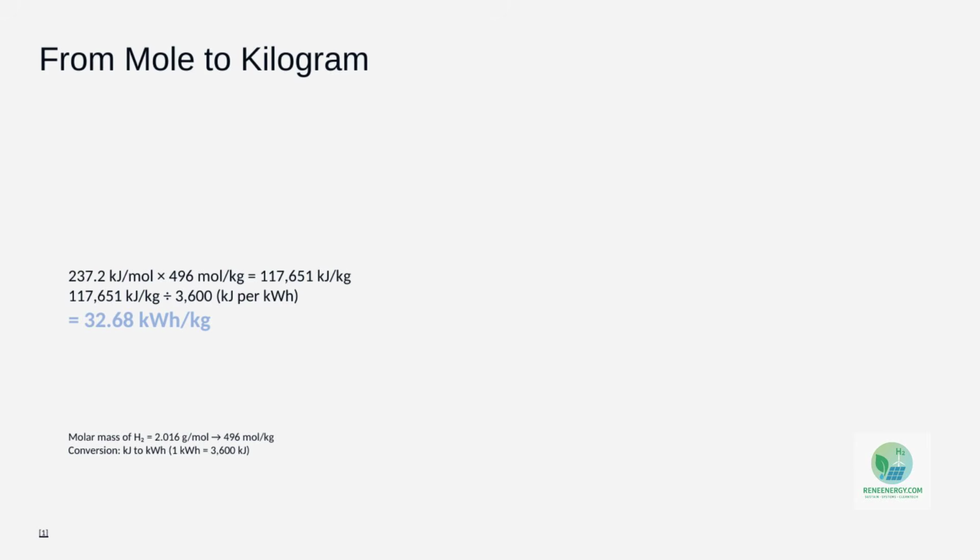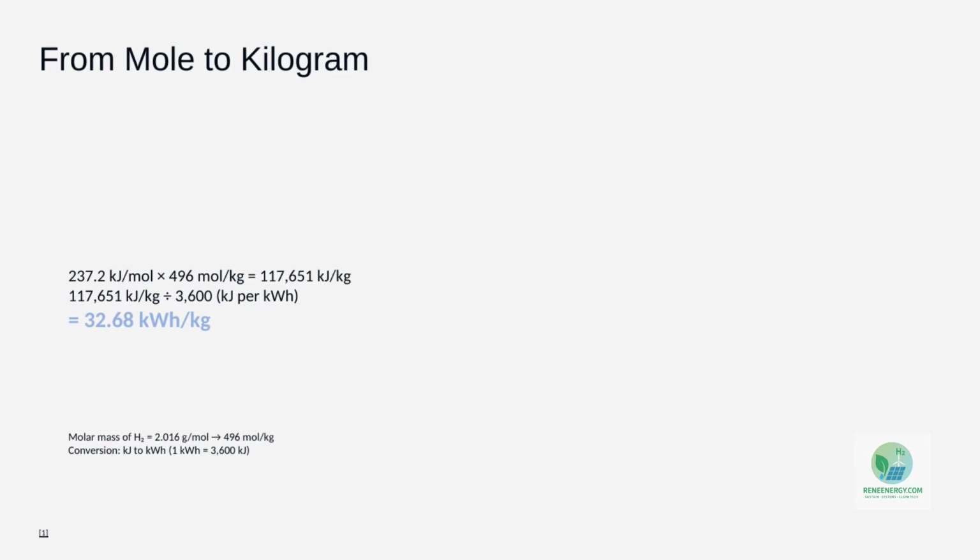To convert this to a per kilogram basis, we first need to determine how many moles of hydrogen are in 1 kilogram. Given that the molar mass of hydrogen, H2, is approximately 2.016 grams per mole, 1 kilogram of hydrogen contains 1,000 grams divided by 2.016 grams per mole, which equates to approximately 496 moles per kilogram.